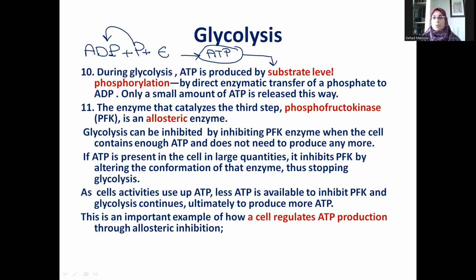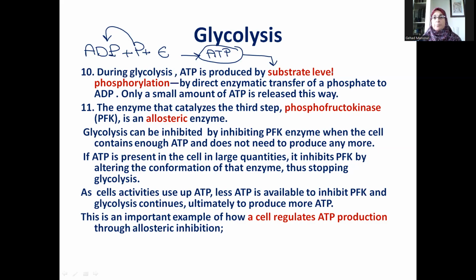But the problem with substrate level phosphorylation is that it produces only a small amount of ATP if compared to the amount of ATP that is formed from the complete breakdown of one molecule of glucose.